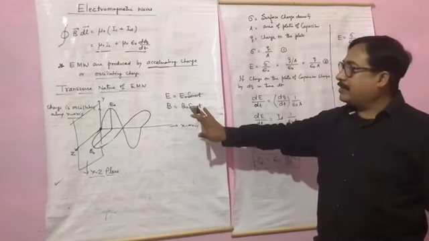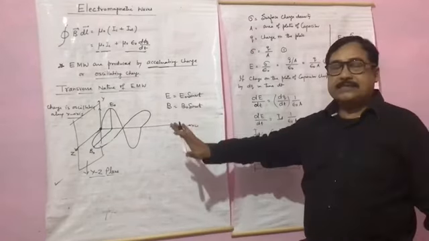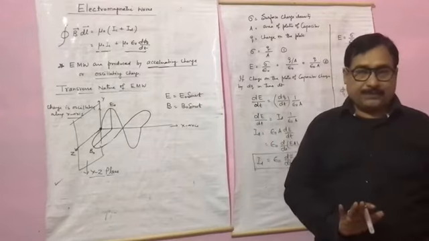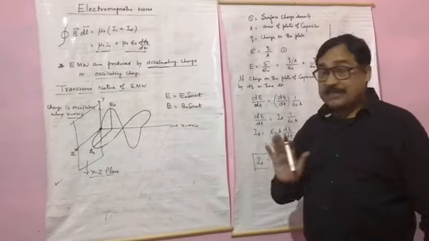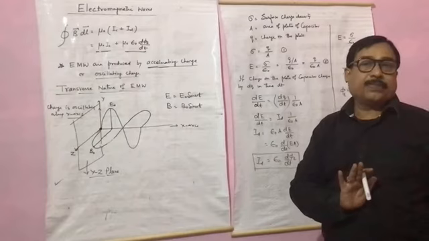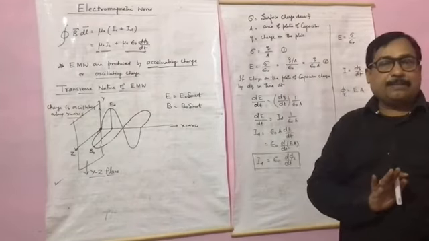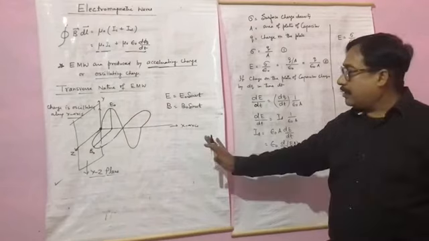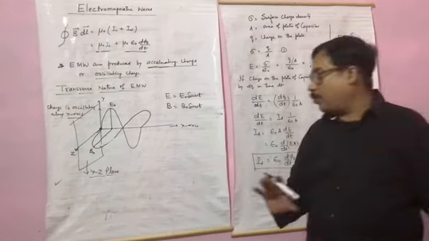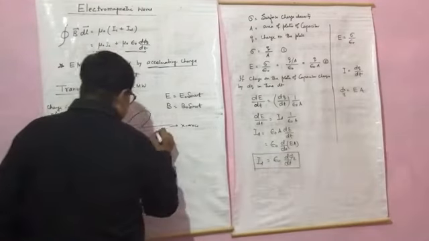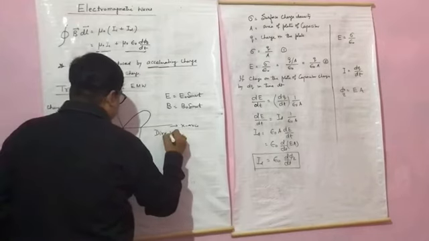That is why we say this is a transverse wave. So an electromagnetic wave is a transverse wave in which both electric field and magnetic field are perpendicular to the direction of propagation of the EM wave.